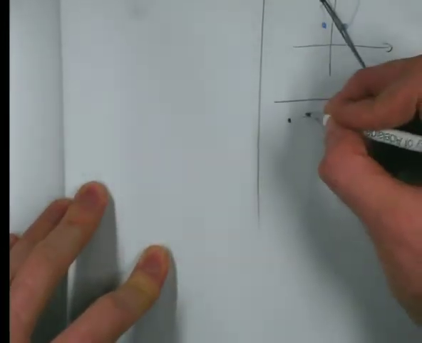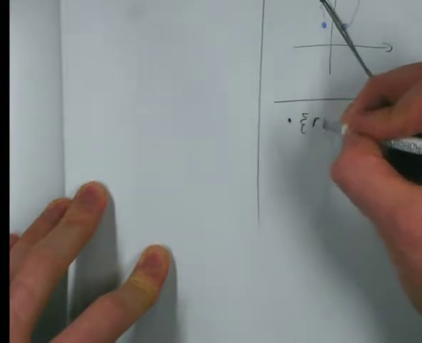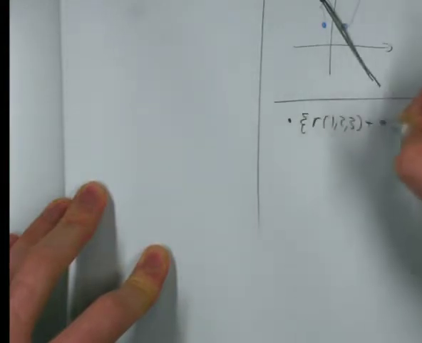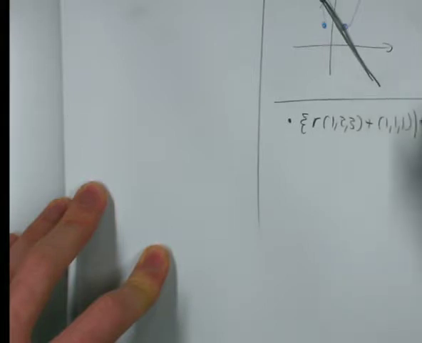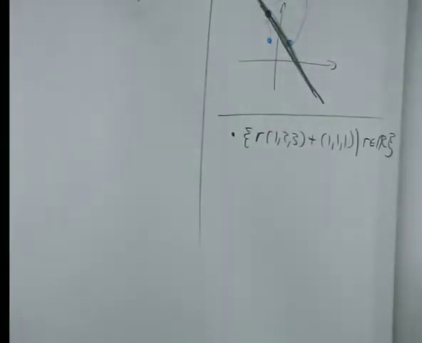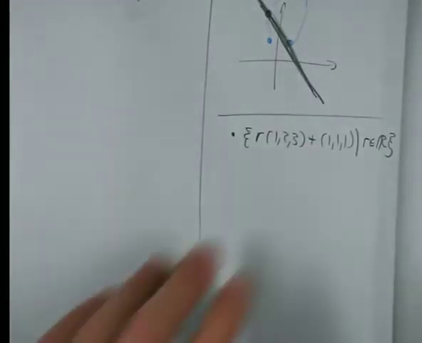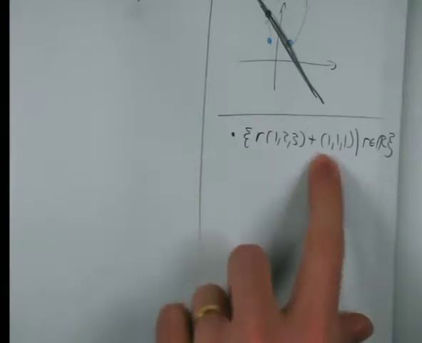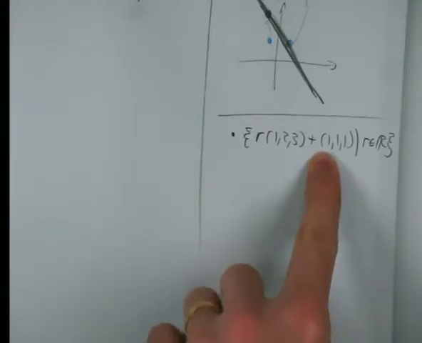So if I had this, you know, R(1, 2, 3) plus (1, 1, 1), such that R is in the reals, that would not be a subspace. And the reason is, it's surely a linear combination of stuff, but I'm only allowed to use the number 1 for this one. So I'm completely restricted.